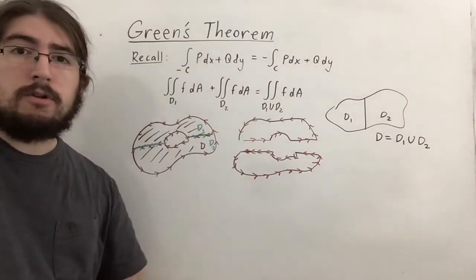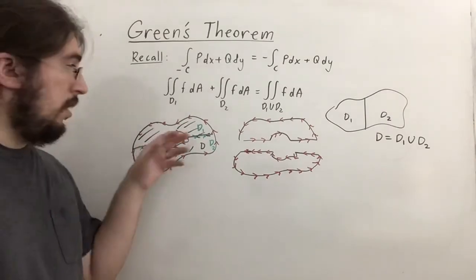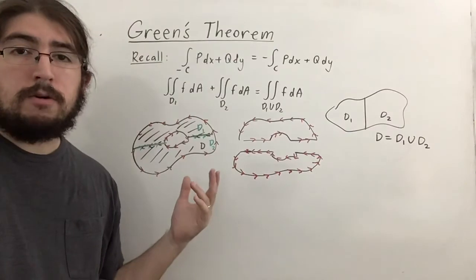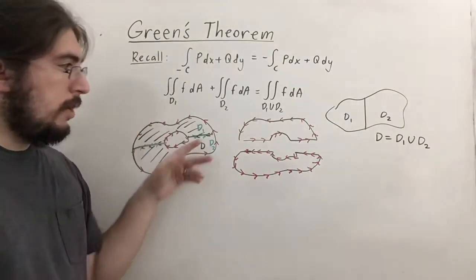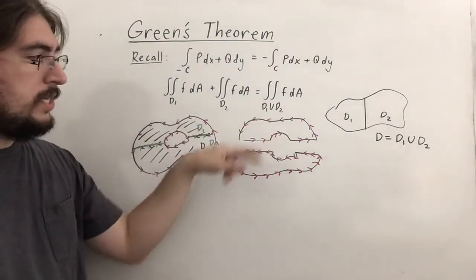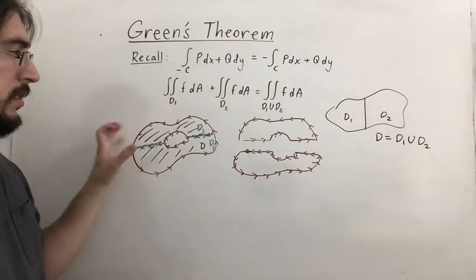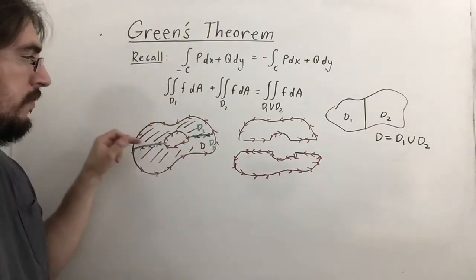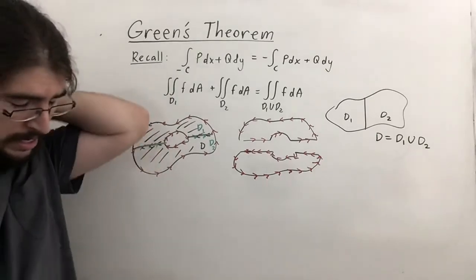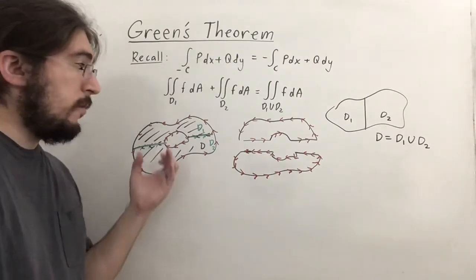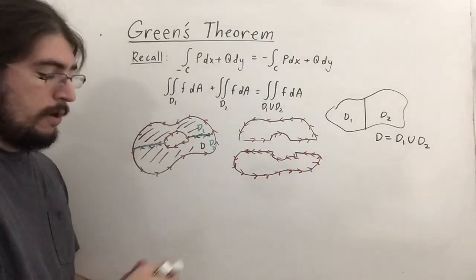I say double integral because Green's theorem turns a line integral of one curve into a double integral over a region. So here we have curve, region, and we're gluing it together to describe this curve and this curve at the same time. So I hope that makes sense, but all I'm really telling you is that you can apply Green's theorem to regions like this, so long as they're oriented like that.